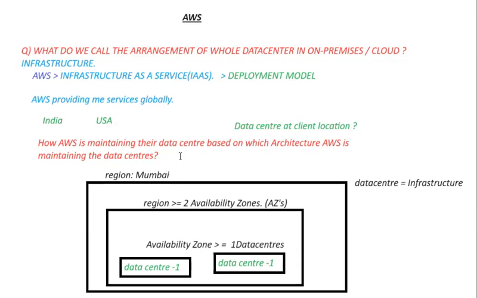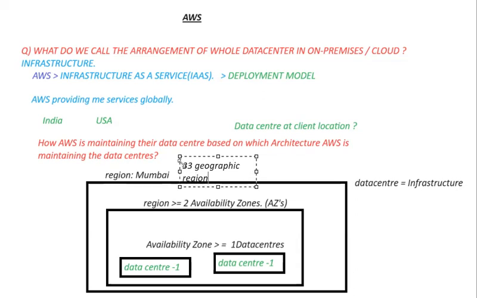Globally, how many geographic regions is AWS available in, sir? Globally, till today, AWS is present in 33 geographic regions.